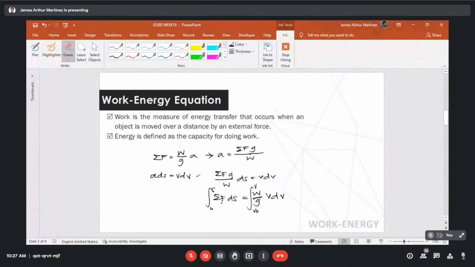If we treat the summation of forces as constant, since the forces applied to a body are constant, it can be taken out of the integral.